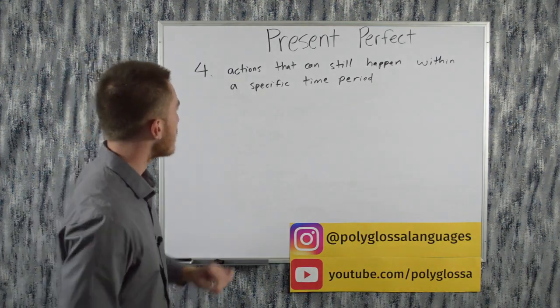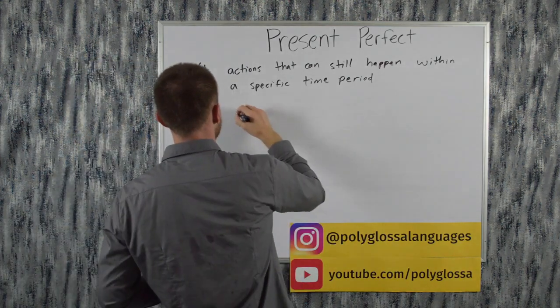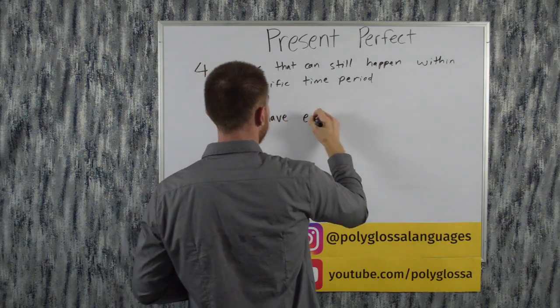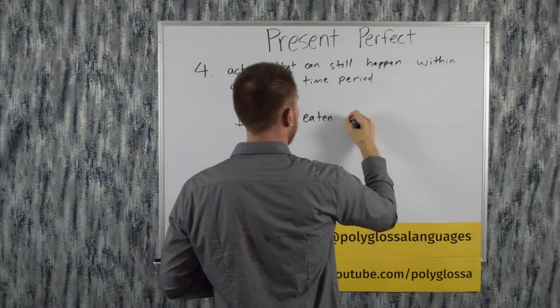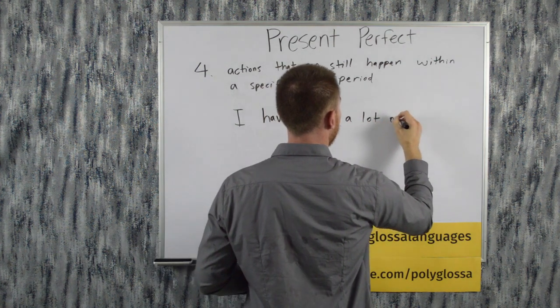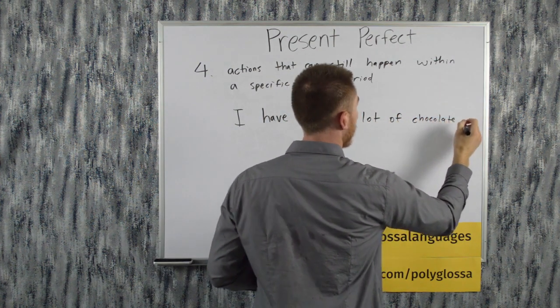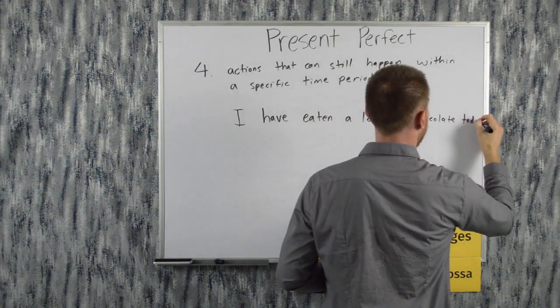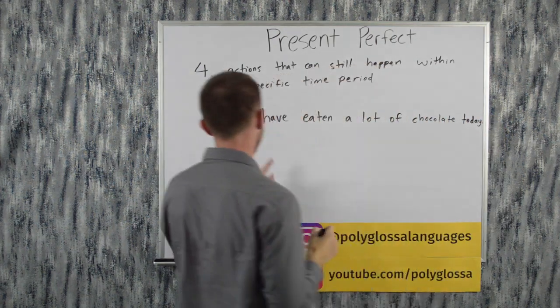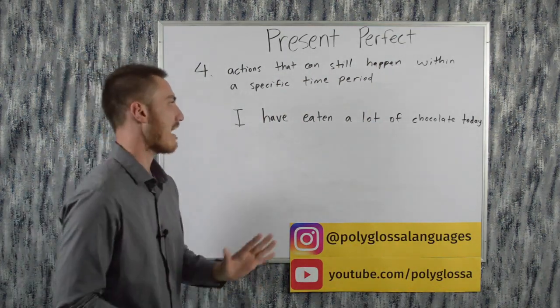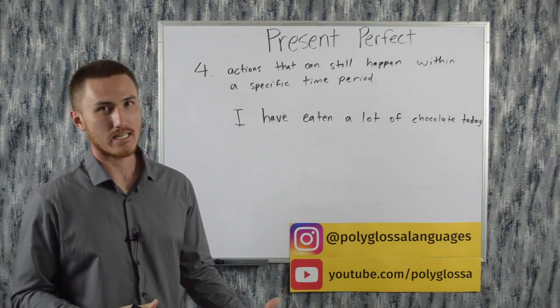Let me show you what I mean by that. Let's take the sentence, I have eaten a lot of chocolate today. Okay, and remember I would always say I've, but I'm writing it as I have. I've eaten a lot of chocolate today.